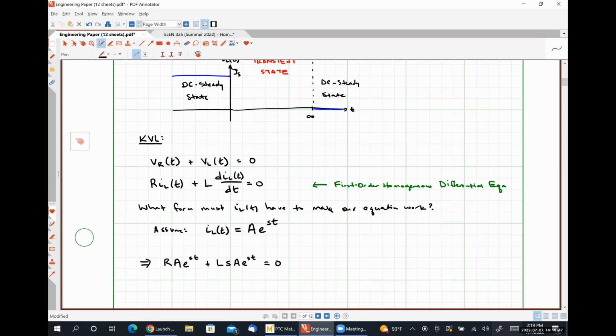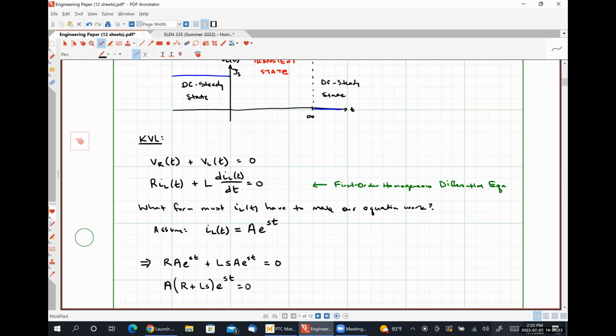And now what I'm going to do is simply factor out terms, right? So there's a common factor of A. And let's call this R plus L times S. There's a common factor of e to the st as well.